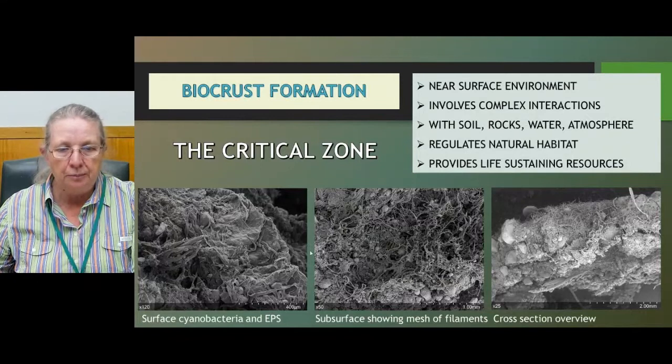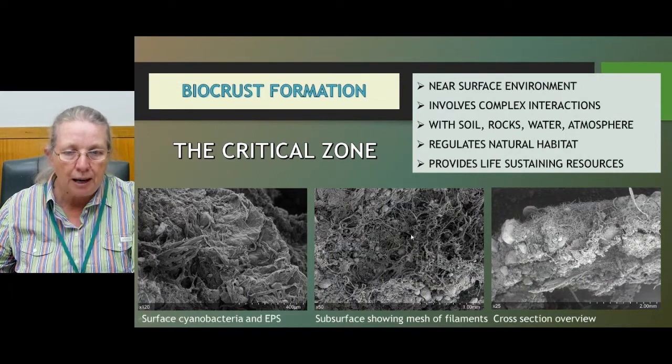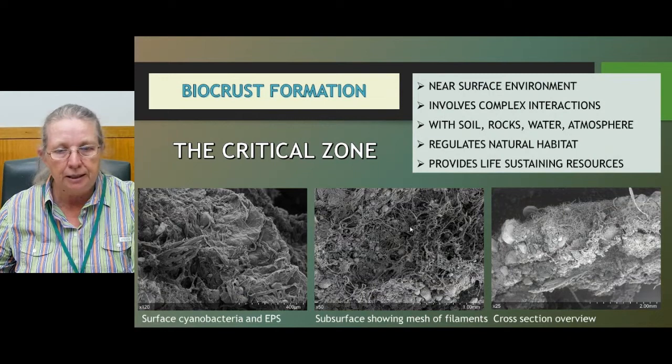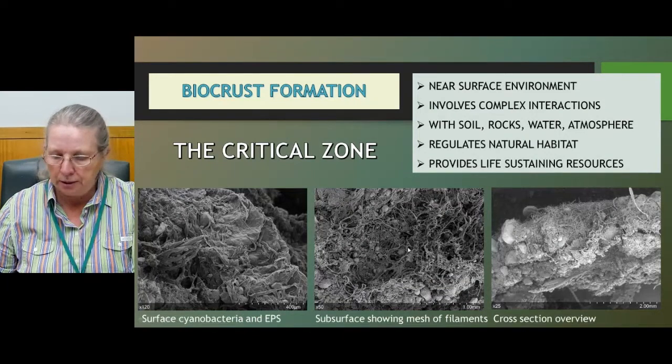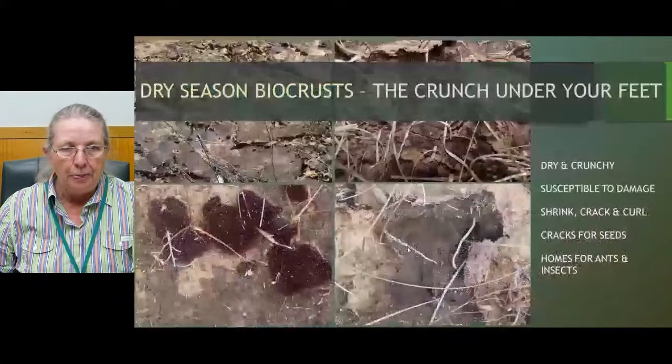Then you get the little filaments of cyanobacteria. The bacteria part of the soil crust is too hard to see at this magnification, but you can also see the surface in cross-section, and how these organisms and filaments penetrate into the surface and bind the soil together.